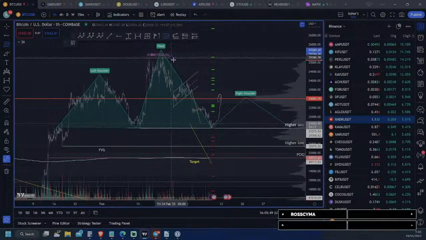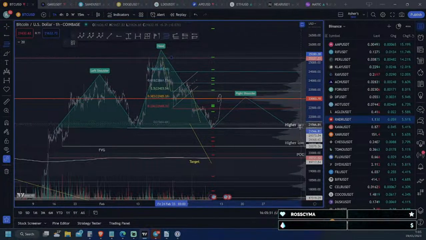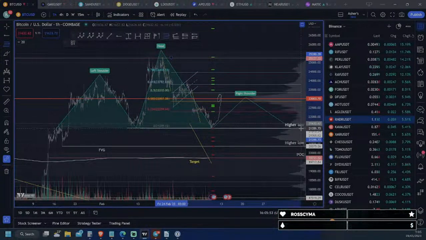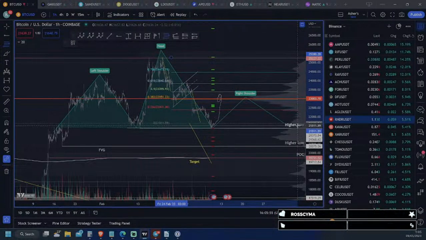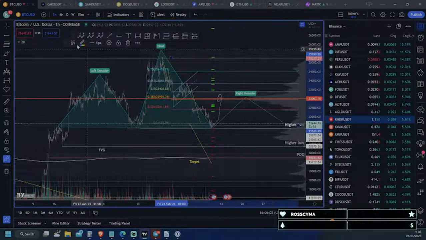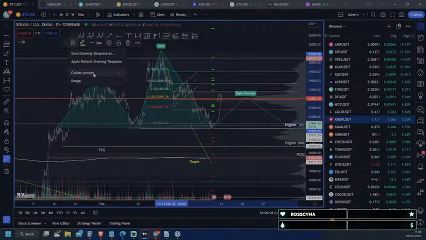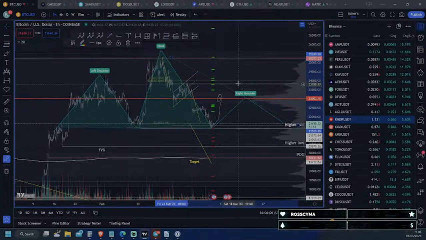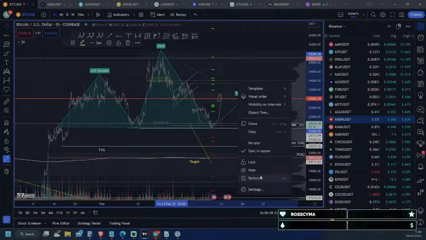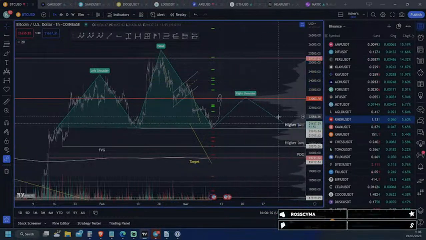Maybe if we check the Fibonacci's, we can see some confluence of that point of control. .382 potentially. Yeah, we would want to see, yeah, exactly.